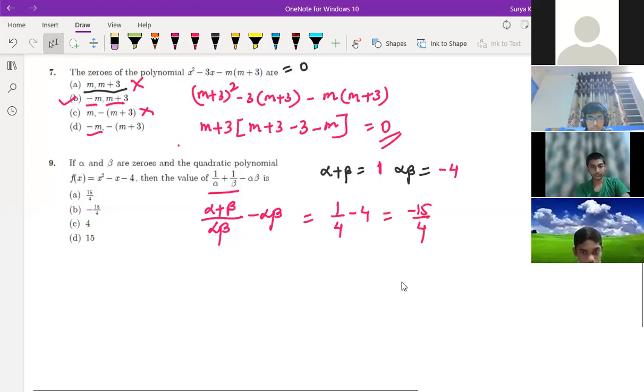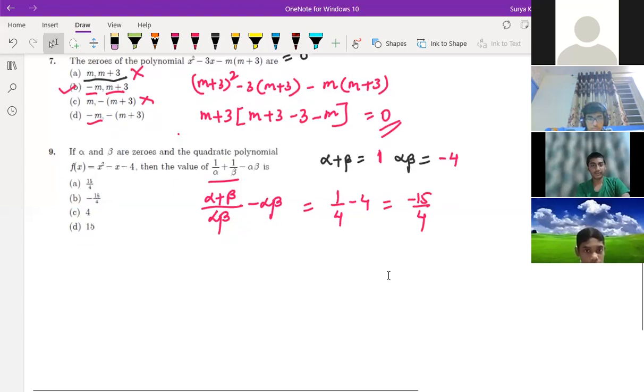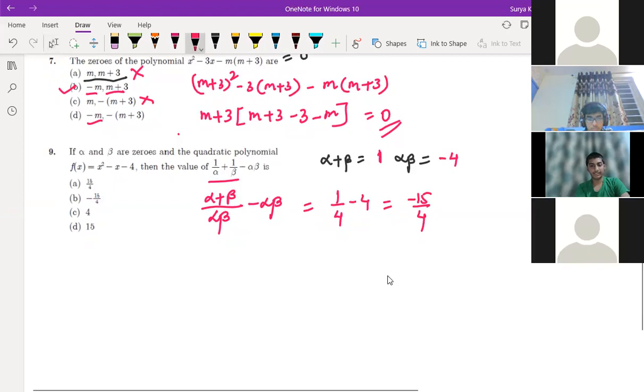How are people getting 15 by 4? Minus 4 is minus alpha beta, so it's gonna be plus, and here it's actually minus b by c. Like this. So like minus 1 by 4 plus 4, it's gonna be plus 15 by 4. That's correct. Adarsh, you got the same answer. Adarsh, are you getting this or not?